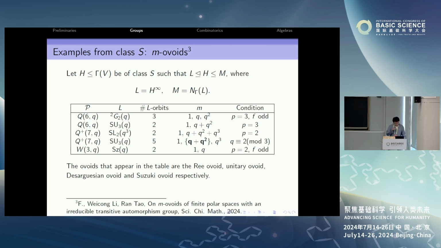These are the ovoids that admit a transitive subgroup. There's a subgroup H, so one of the H orbits is an ovoid. These are the list. We rediscover many of these well-known ovoids.